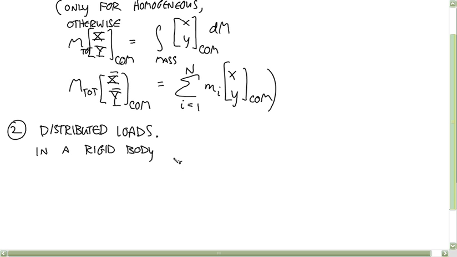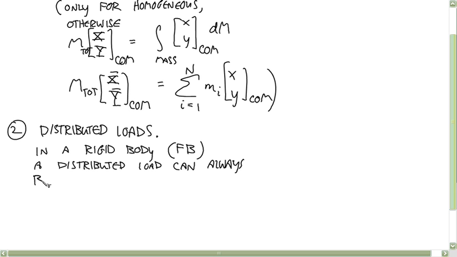Okay. A distributed load can always be replaced by a single force vector. By a single force vector.